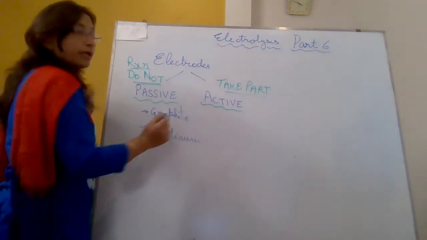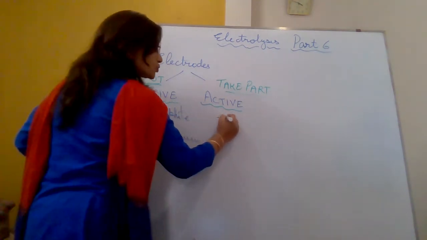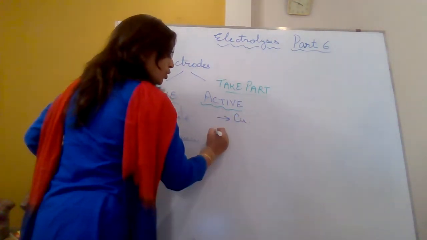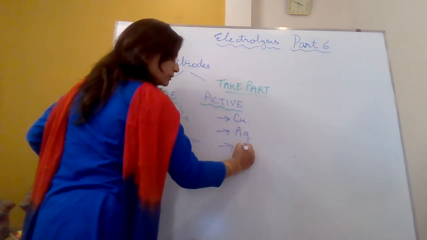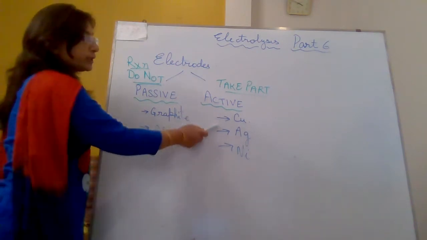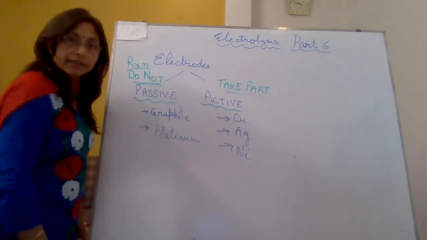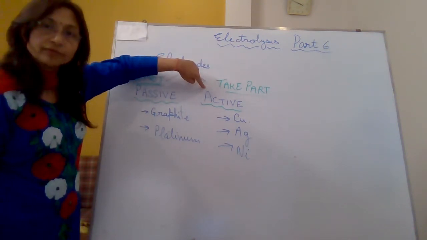However, if instead of graphite or platinum, suppose we choose copper or silver or nickel, then all of them will take part in the electrolytic reaction and hence they are active electrodes.